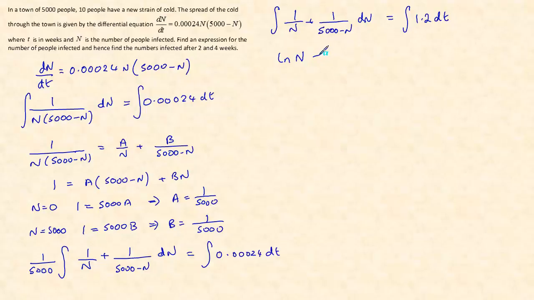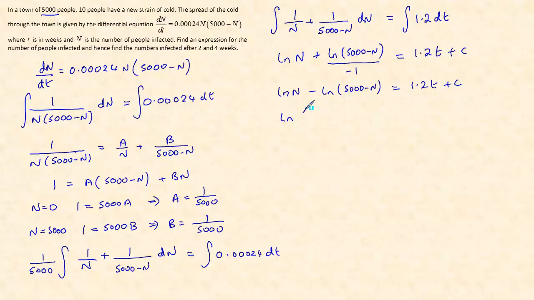And then we have ln (5,000 − n); we know this can't be negative because there's only 5,000 people, so the smallest 5,000 − n can be is 0, divided by the differential of the inside function, which gives a negative, so that's ln n take away ln (5,000 − n) is equal to 1.2 t, of course, plus a constant.